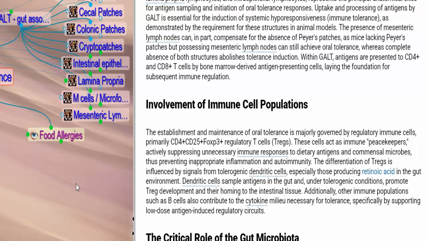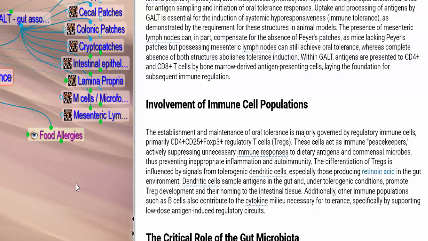These cells act as immune peacekeepers. They actively suppress unnecessary immune responses to dietary antigens and our commensal or friendly gut microbes, preventing inappropriate inflammation and autoimmunity. Now, the differentiation of our Tregs is influenced by signals from our dendritic cells, especially those producing retinoic acid in the gut.